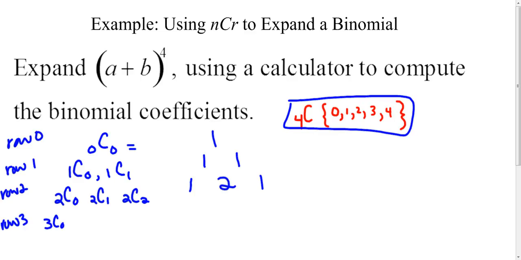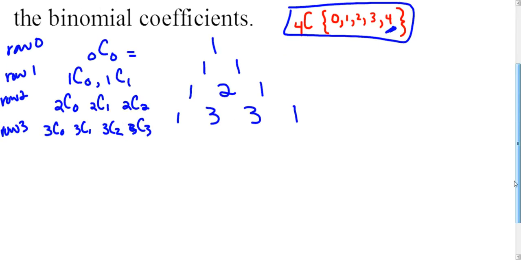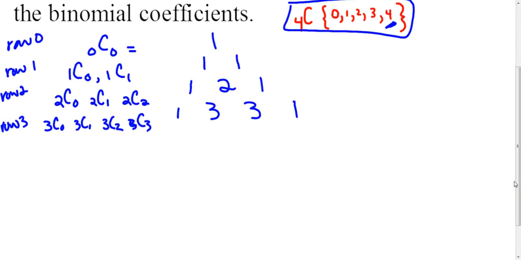Start by choosing 0, and you get a 1. And then choose 1, and choose 2, and choose all 3. Okay, when that happens, you'll get 1, 3, 3, 1. Okay, and then you go all the way to row 4 because that's the last number back here. And you'll start with row 4.